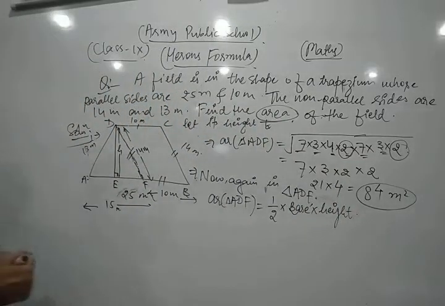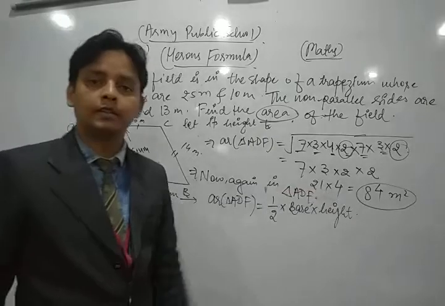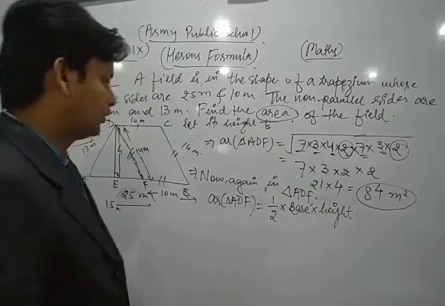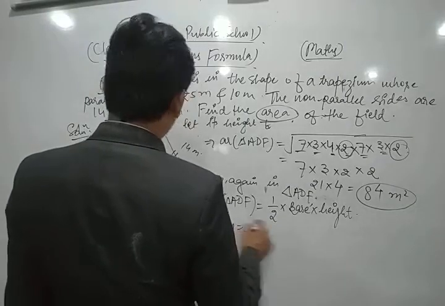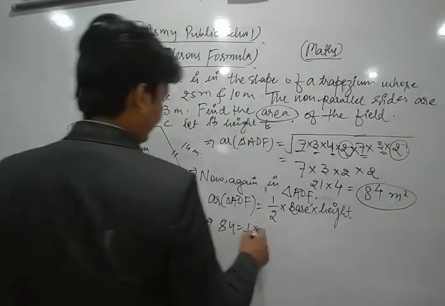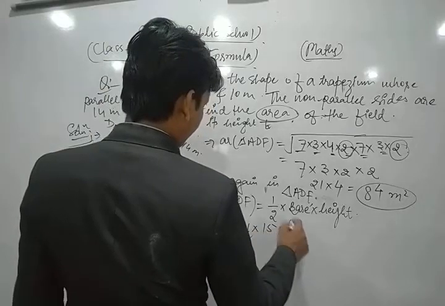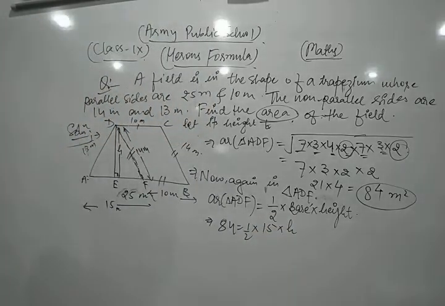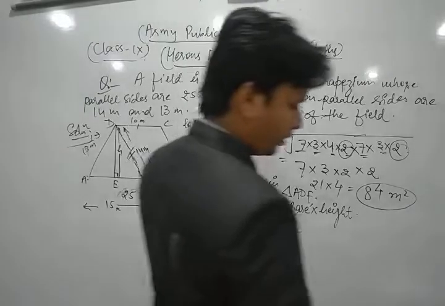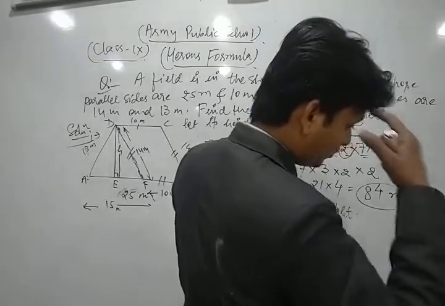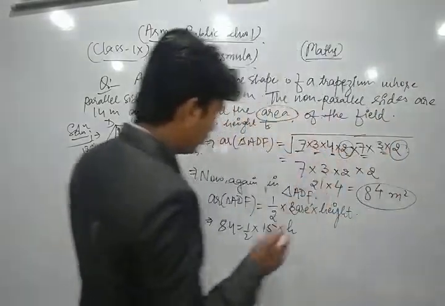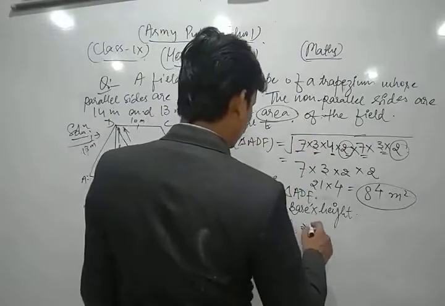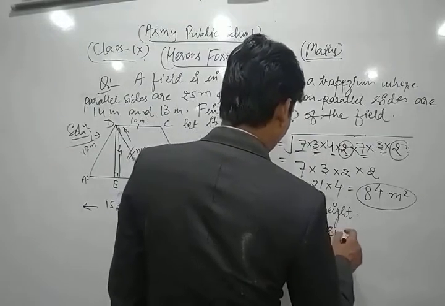Dear student, you know that we found the area of triangle ADF is 84. So here we put 84 is equal to 1/2, base is 15, and height, which we find here. So now from there we find height. So h is equal to 84 into 2/15.